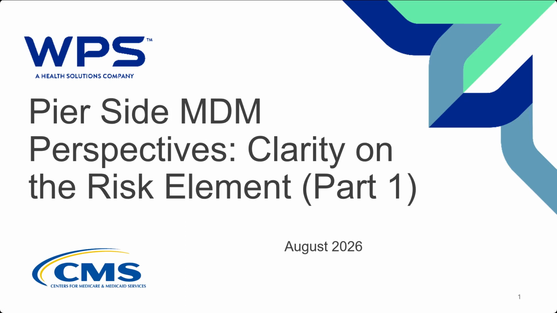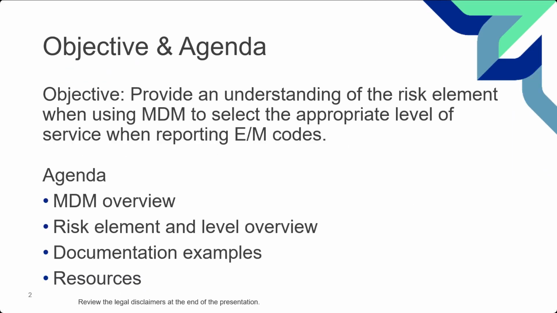And we did an overview of medical decision-making, which we'll talk about a little bit today because I do not know who on the call has actually attended that, but we'll just do a really quick overview. So as I said, today we are focusing on providing a better understanding of the risk element when you're using MDM to select the appropriate level of service when you are reporting your E&M codes and billing Medicare.